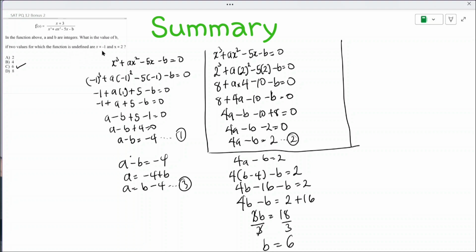We're given two values for which this expression is undefined, which are x is -1 and x is 2. With this, we equated the denominator to 0, inserting each of the values separately into the denominator, thereby getting two separate equations with two unknowns. That is a system of equations, also called simultaneous equations. And since we're asked to find b, we used the substitution method to solve for b, and we got b to be 6.